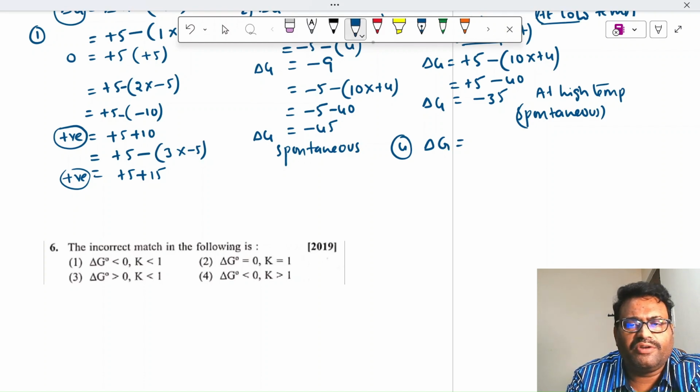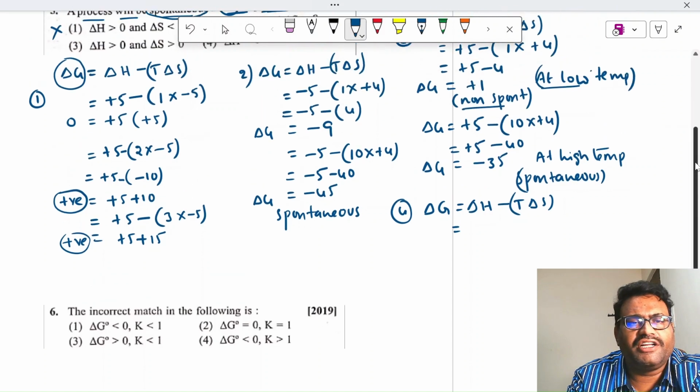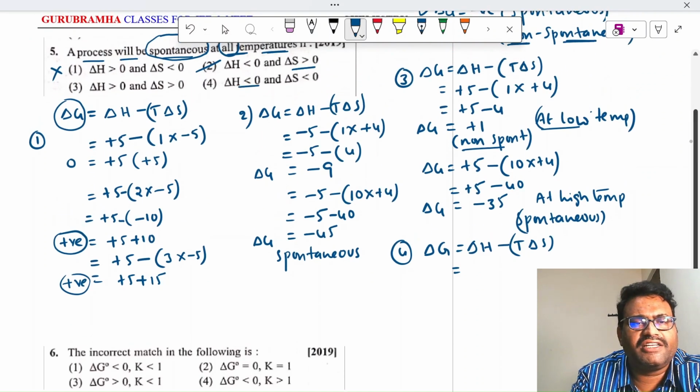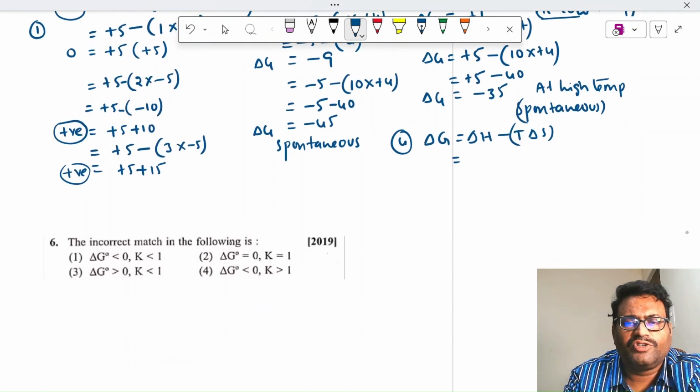Delta G is equal to delta H minus T delta S, right? So delta H and delta S conditions, what are given? Less than 0, both are less than 0. So minus 5 minus of 1 into minus 4, let us take.